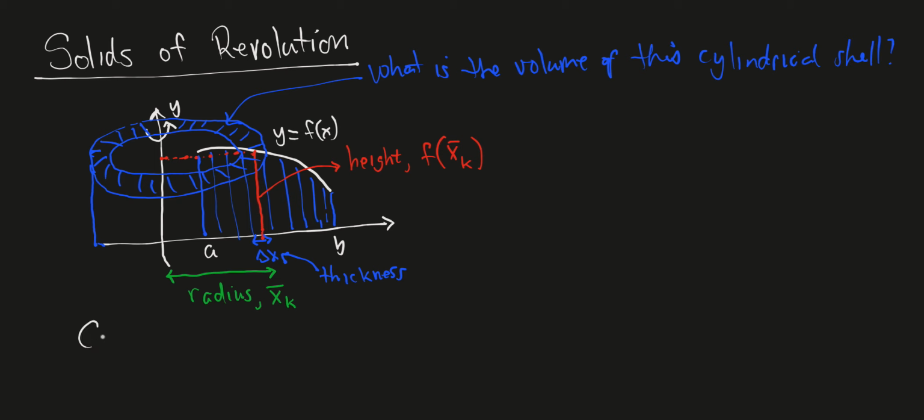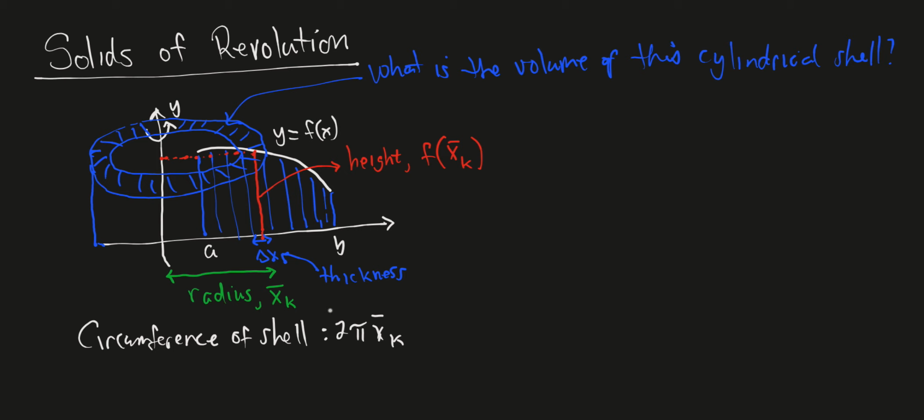The circumference of this one shell, which is again the distance going all the way around, is 2 pi r, but what's the radius? It's this x value. It's that distance right here. So that's 2 pi, not r, I'll write the x bar k, right?